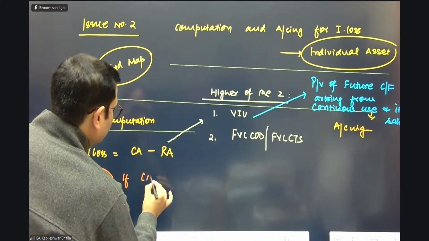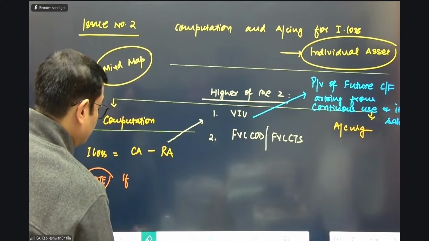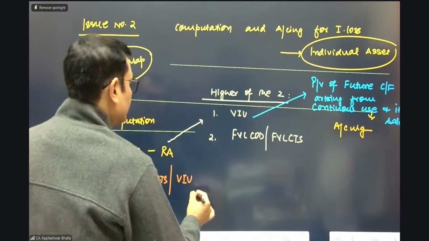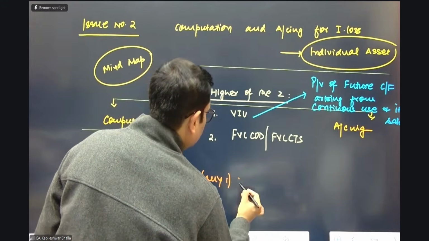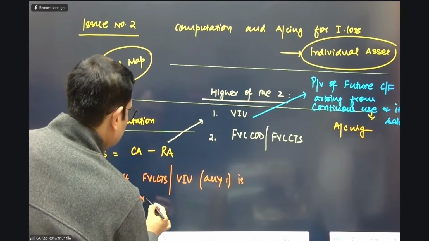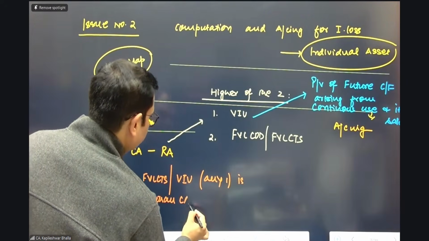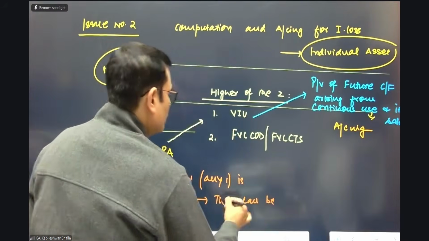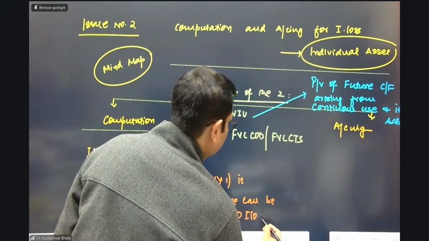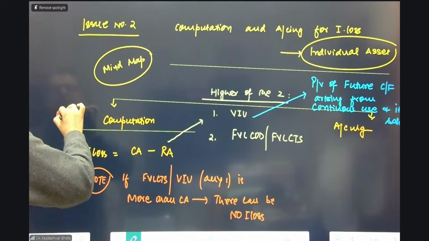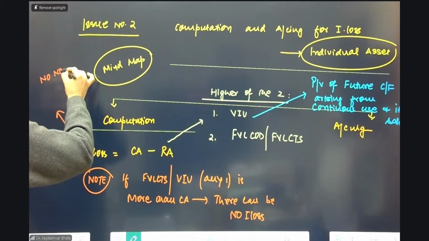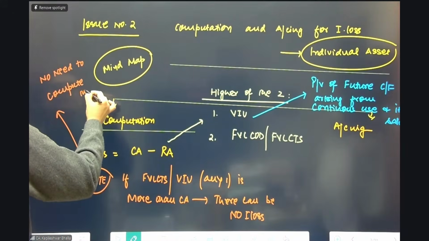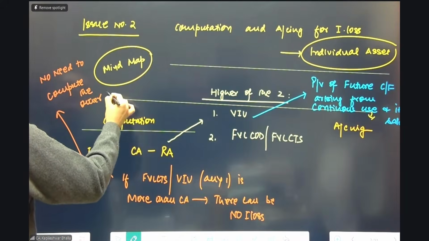If the fair value less cost to sell or VIU, any one is more than the carrying amount, there can be no impairment loss in this case. So we can say there is no need to compute the other element.